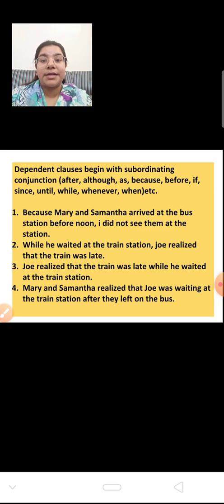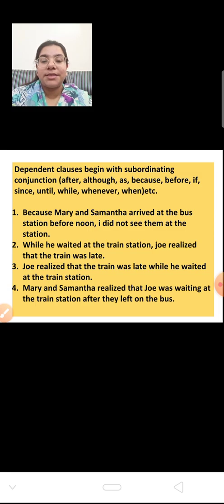Always remember that dependent clauses always begin with a subordinating conjunction, such as after, although, as, because, before, if, since, while, whenever, when, etc. Let's see some examples.